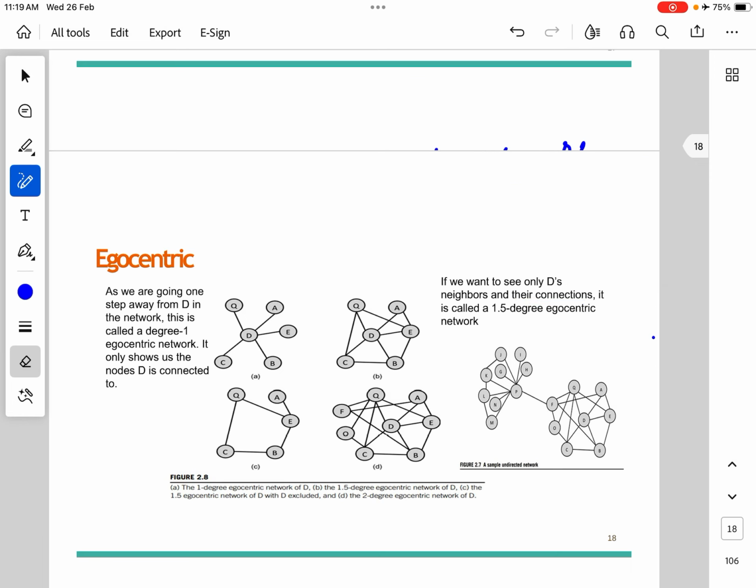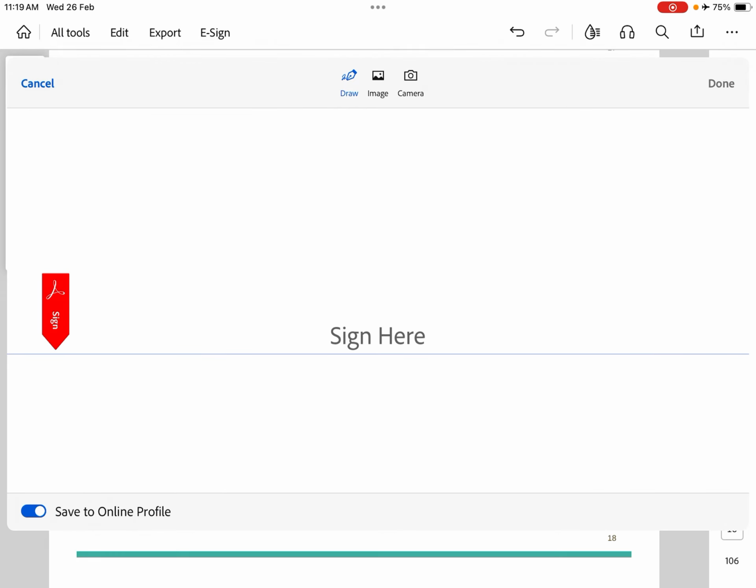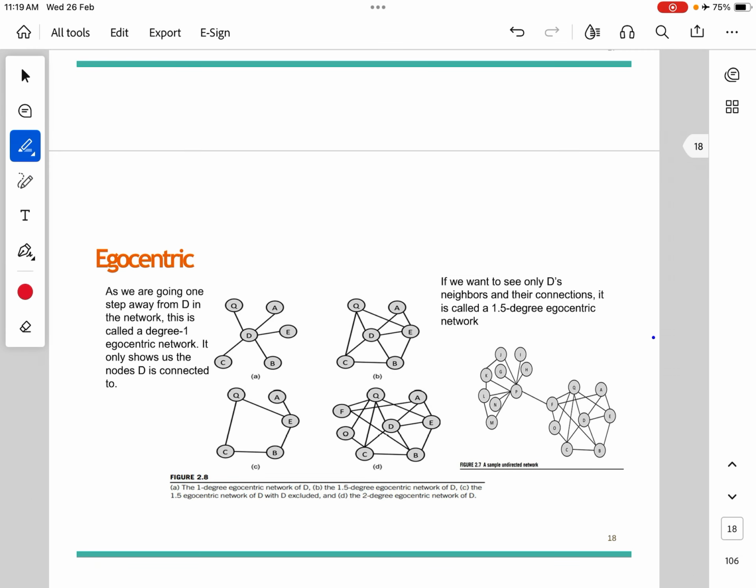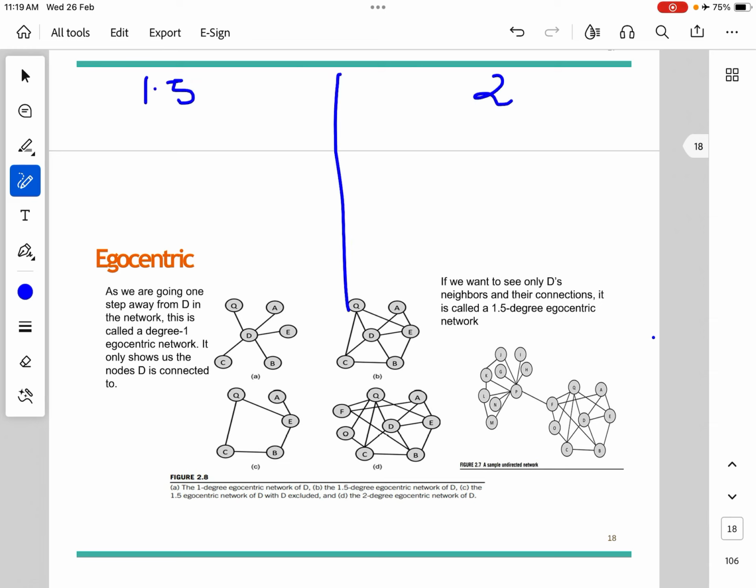If I have to draw a 2 degree, it is very simple. First understand the difference between 1.5 and 2. In 1.5, whatever connections you are taking, they should have a connection with D. So Q cannot be connected to F in a 1.5.